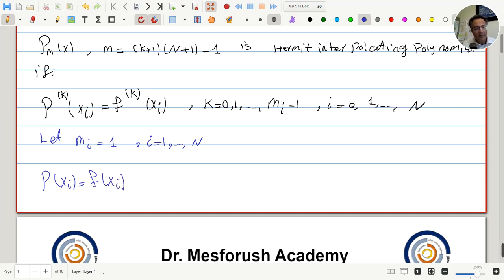In fact, this is the zeroth order derivative of p and f, and p prime of x_i is equal to f prime of x_i for i equal to 0, 1, 2, up to n.